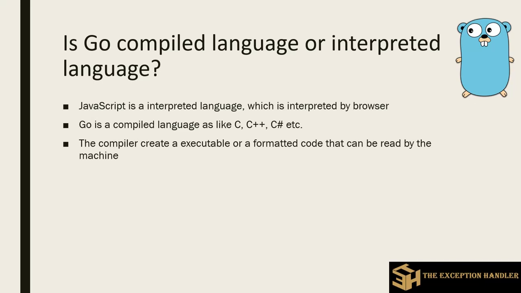That means the code that is compiled will run on that specific machine. So if you compile the code on a Windows machine, the code will only be able to execute on a Windows machine. So you need to choose what operating system you are compiling the code for and what operating system you want to run it on.